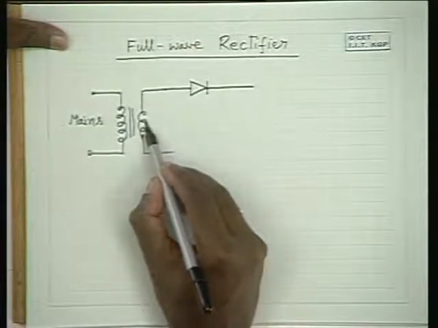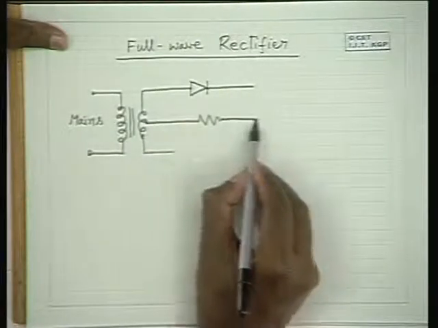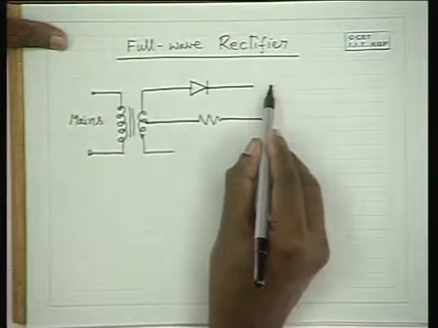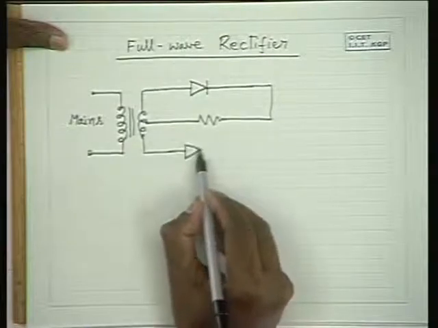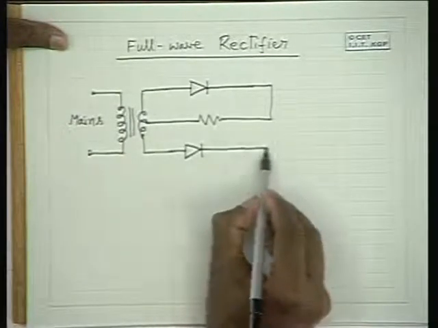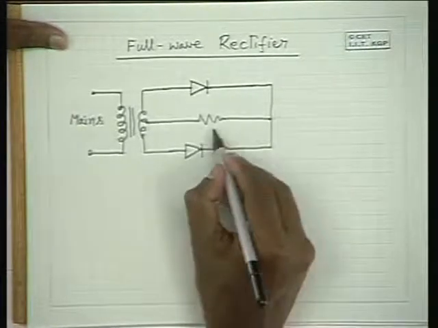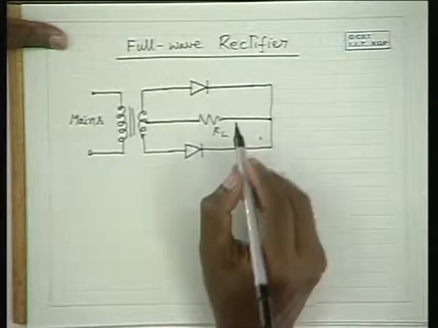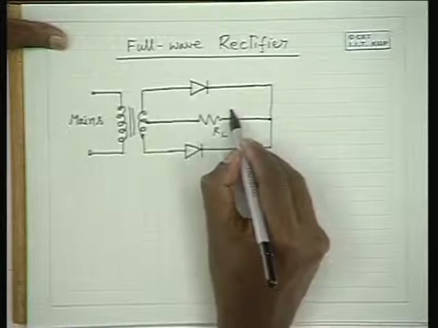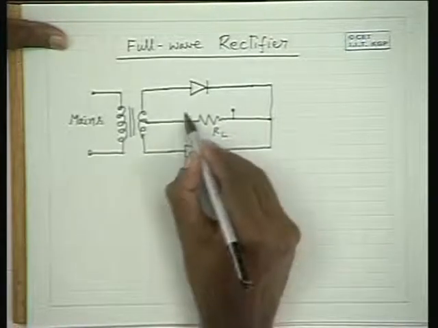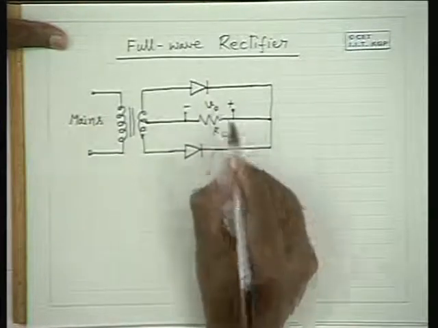You use a center tap transformer in the secondary and connect the load resistance over here to this arm, and connect another diode in this fashion to this point, and this is the load resistance RL. The output we want across RL is this V0.